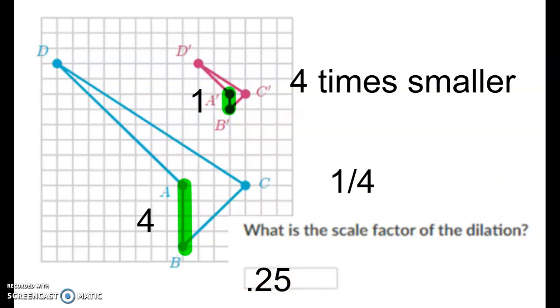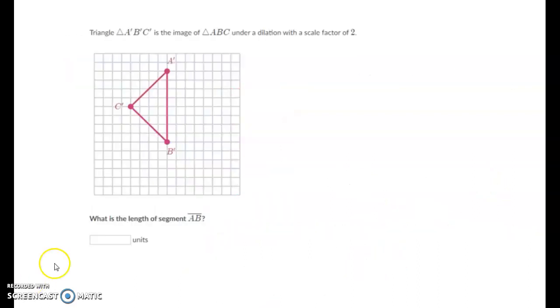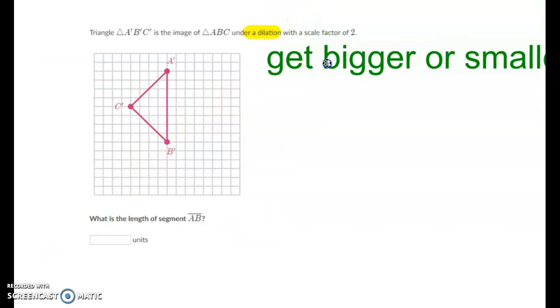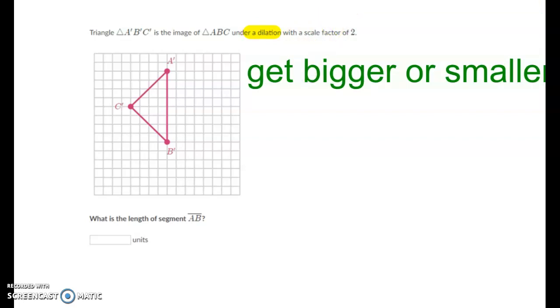All right, let's take a look at our next problem. And in this one, when we go under a dilation, remember that means to get bigger or smaller, and it went through a scale factor of 2. They're asking what is the segment AB.